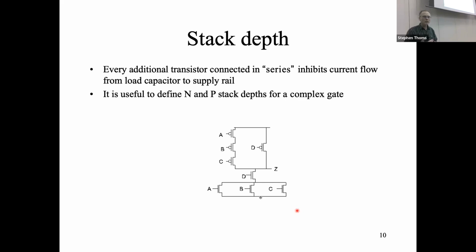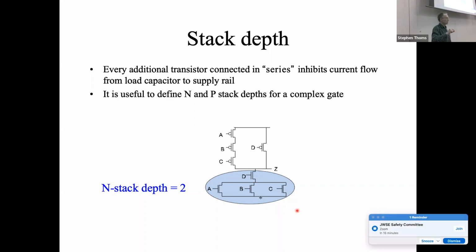So what we can do is we can define a stack depth for a complex gate. And the stack depth is relatively straightforward. You just add the number of transistors which the current path passes through. So here, the stack depth is 2. So between Z and ground, you go through 2 transistors.